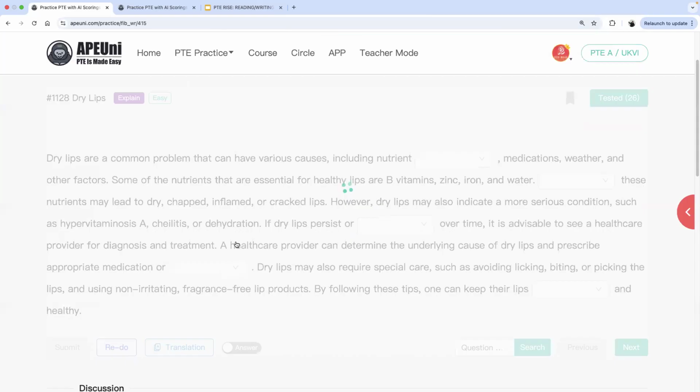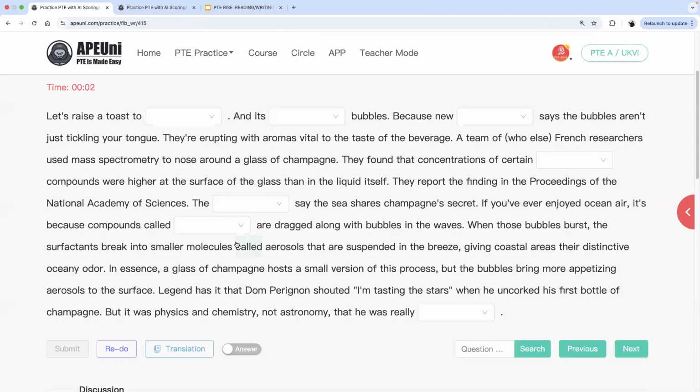Bubbles. Okay. Let's raise a toast to blank, and it's blank bubbles. Because a new blank says the bubbles aren't just tickling your tongues, like three blanks in the first paragraph. But we don't know what the paragraph is. It's about bubbles, but which bubbles? Okay. So I got to know it from here. Beverage.